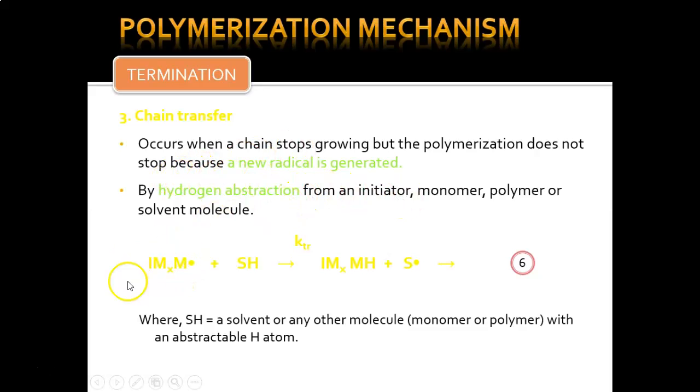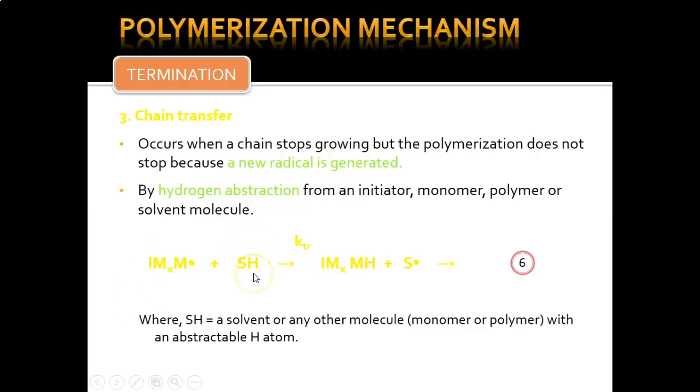Let's say you have a monomer together with the initiator, which is in the propagation step. So you want to terminate by chain transfer. You want to stop the propagation of the polymer. You want to stop the chain growth, but you don't want to stop the polymerization process, right?